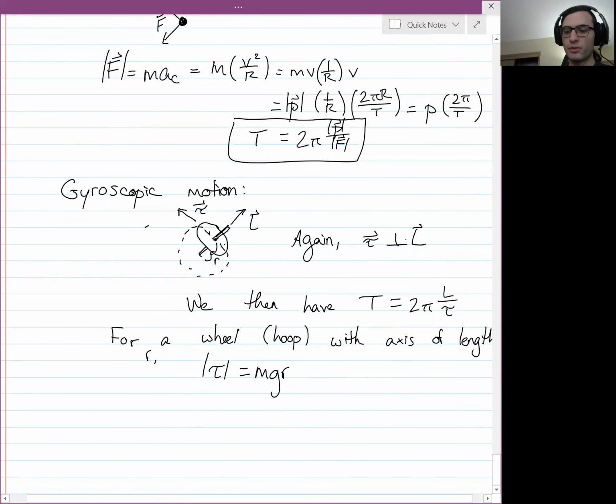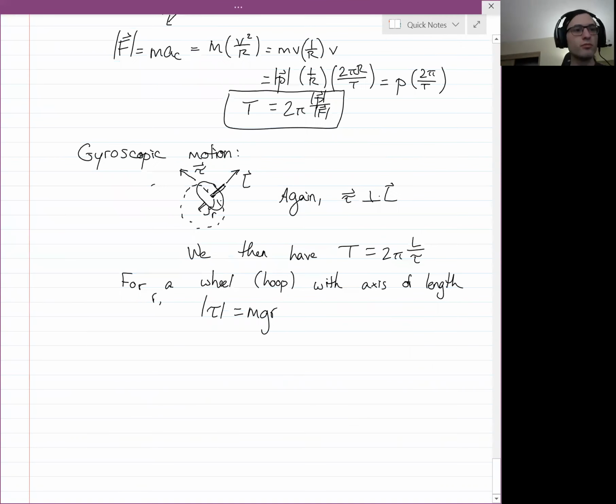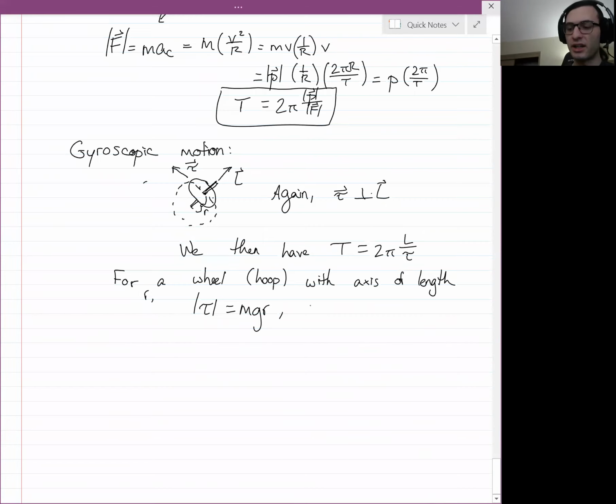And I is just, well, it's a hoop, so it has moment of inertia mr squared, where r is the radius of our gyroscope. So, well, actually, this implies that L is equal to mr squared omega. So now we can plug in values.